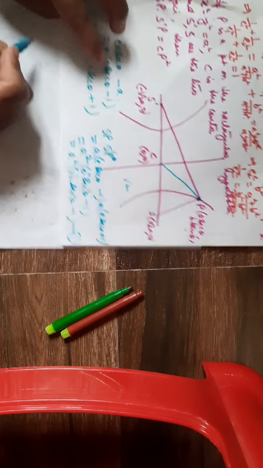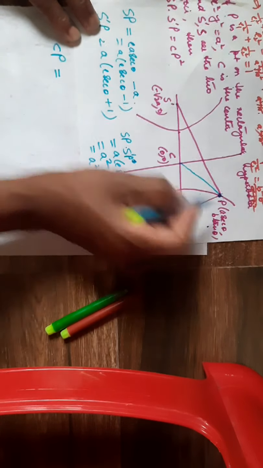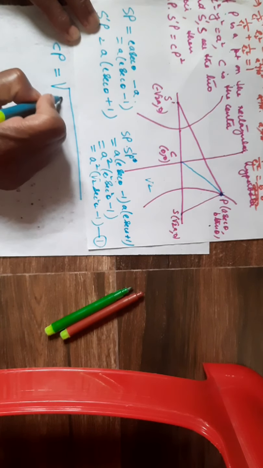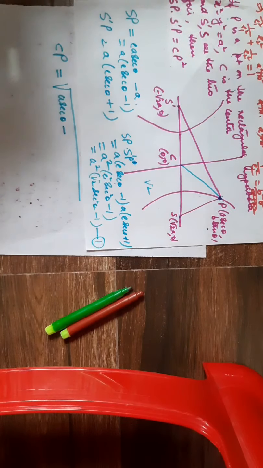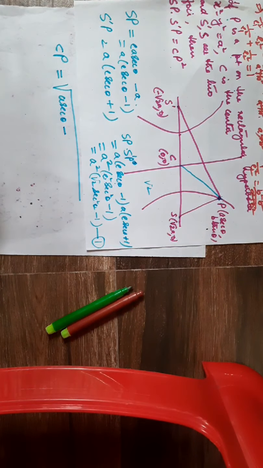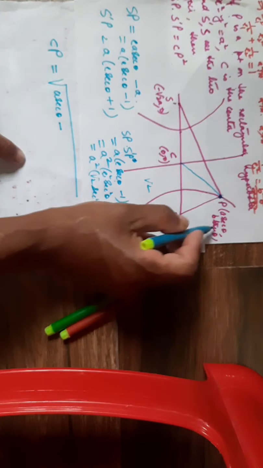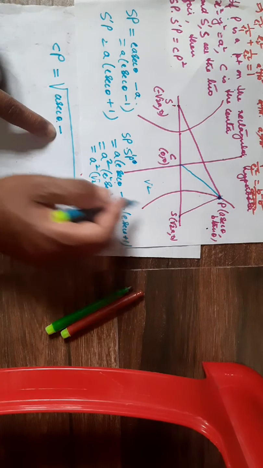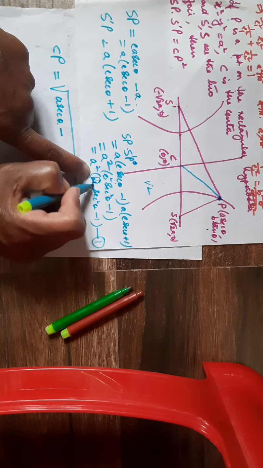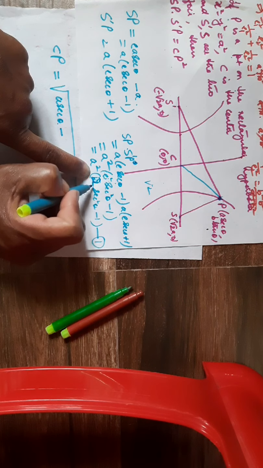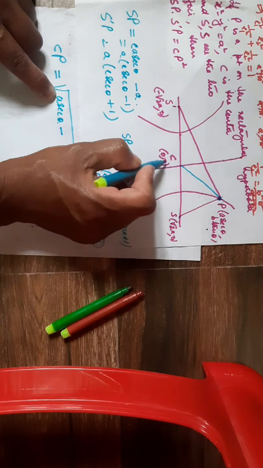So calculate this CP now. Using distance formula, CP is equal to the square root of (a secant theta minus 0) square plus (b tan theta minus 0) square.